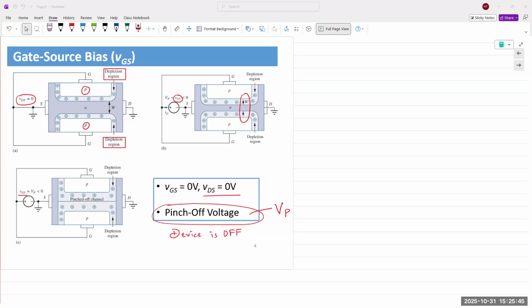It does not need any application of voltage or current to create a channel. That is one of the big differences between a regular MOSFET and a JFET. A channel already exists. We need to apply a voltage to turn the device off. We need to apply a voltage to turn the channel off.